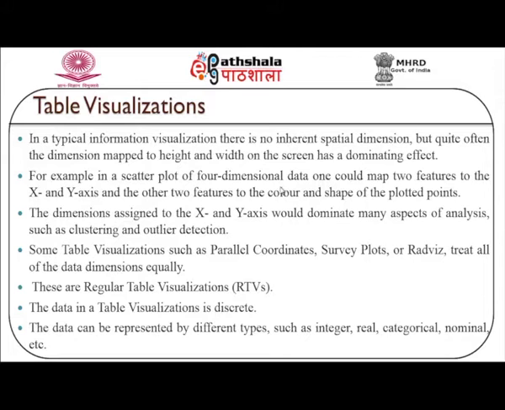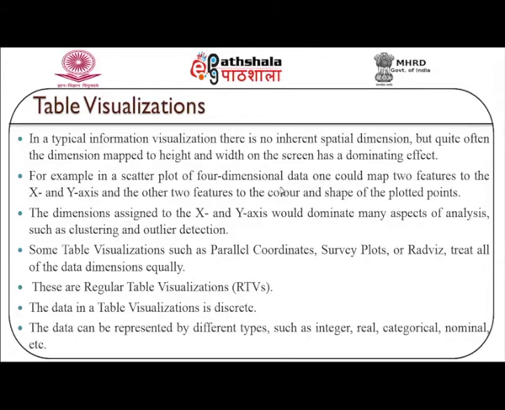For example, in a scatter plot of 4-dimensional data, one could map 2 features to the x and y axis and the other 2 features to the color and shape of the plotted points. The dimensions assigned to the x and y axis would dominate many aspects of analysis, as they are helpful in clustering and also in outlier detection.